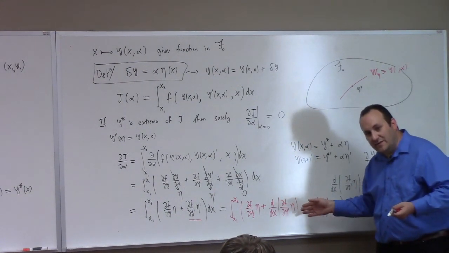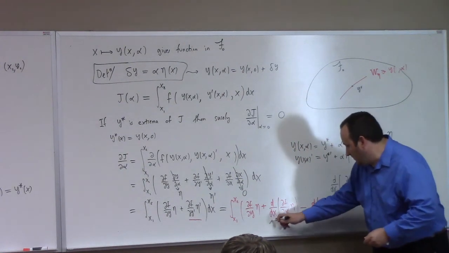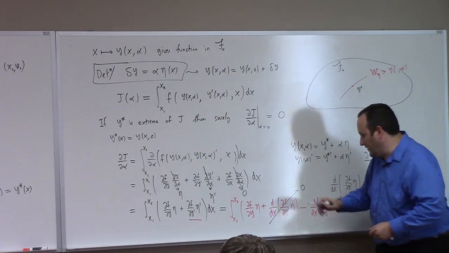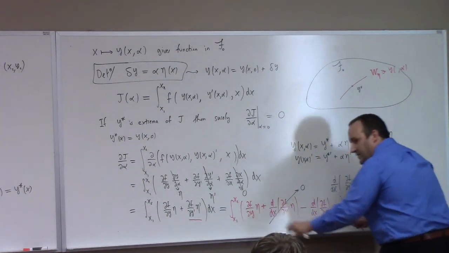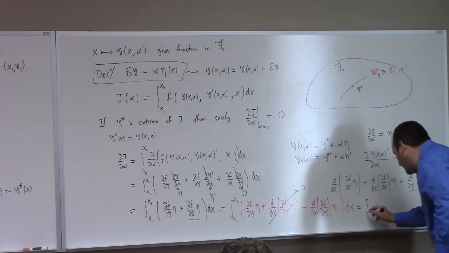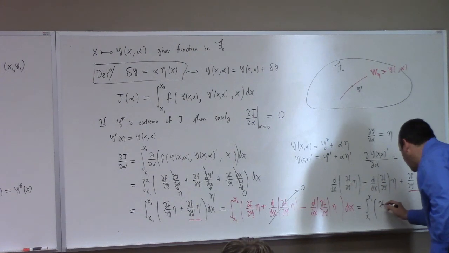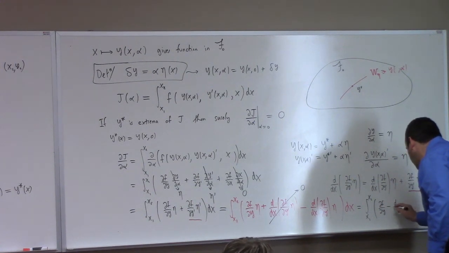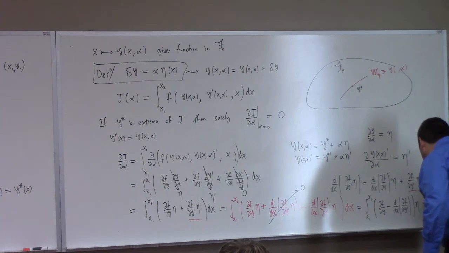But eta of x1 and eta of x2 are, by assumption, 0. So this term is no more after applying the fundamental theorem of calculus. Then you've got these two terms, and you can factor out the eta: the integral from x1 to x2 of partial f, partial y, minus d dx of partial f, partial y prime, times eta dx.